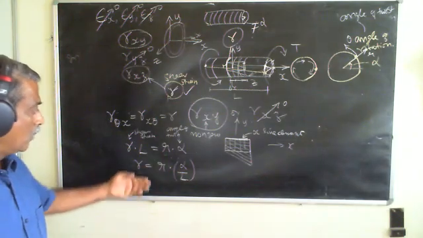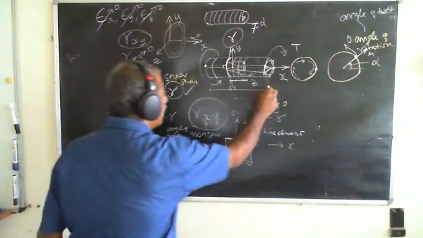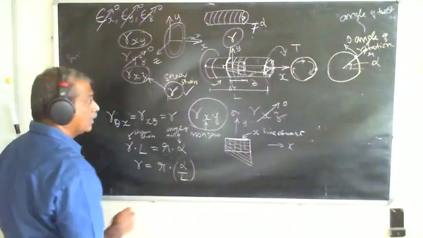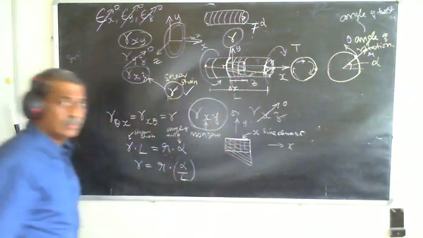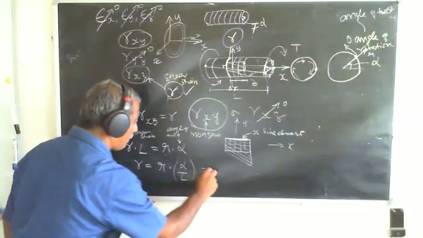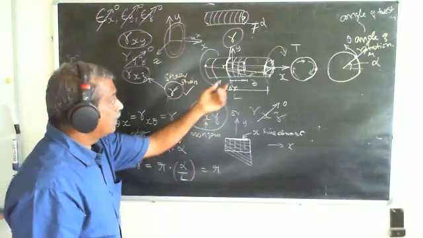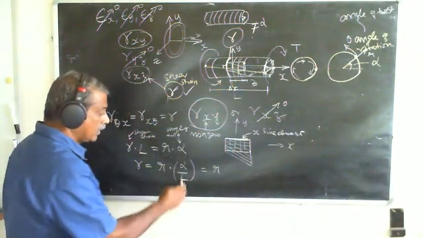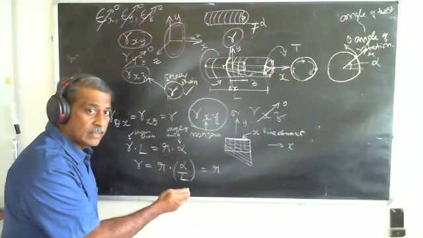I'm going to do one more step over here. If I take the length to be L, then I get alpha by L. But if I take it to be just delta x, where delta x tends to 0, what will I get this to be equal to? If I take a very small length and observe the twist, L will become dx, right?